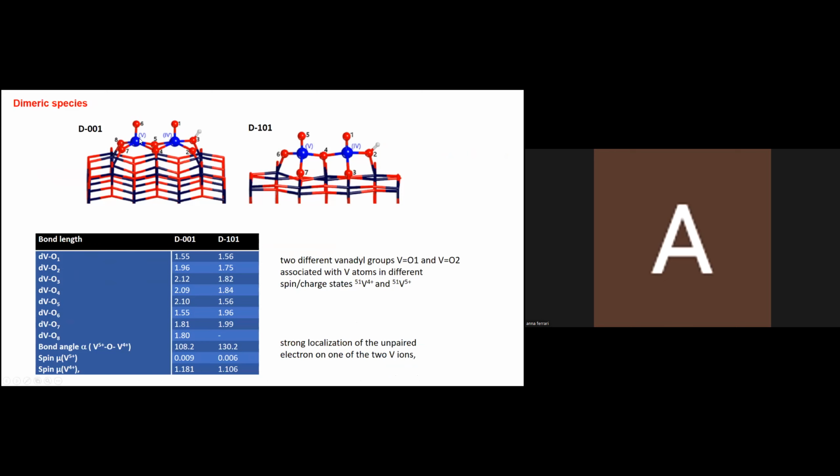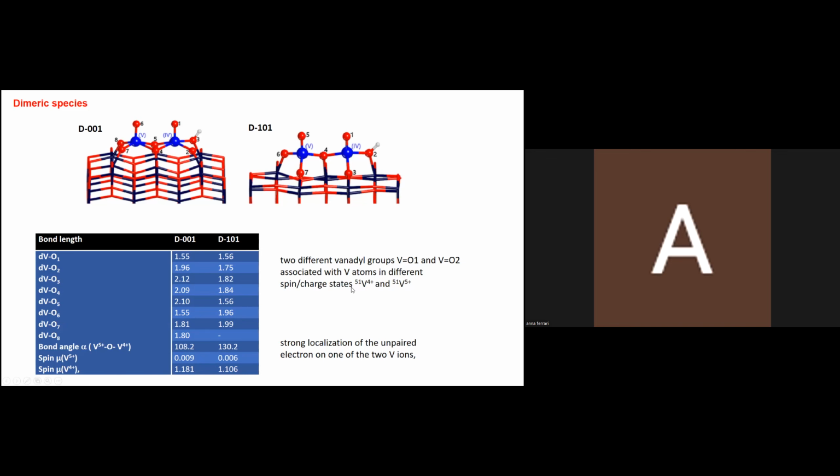If you look at these two distances, vanadium oxygen 1, this one 1.55, and this one 1.55, tells us clearly that we are considering two different vanadium species. Also, the spin population is localized on one vanadium, and there is a small spin density that is also transferred to the other vanadium, but it is a very small amount.